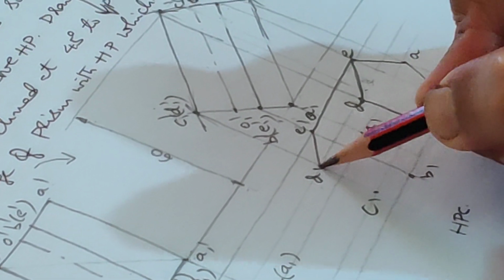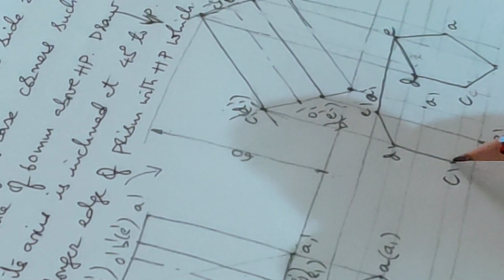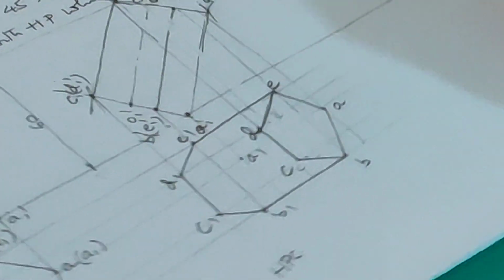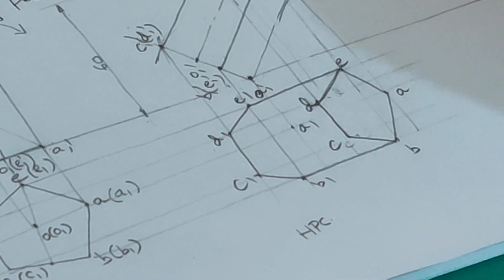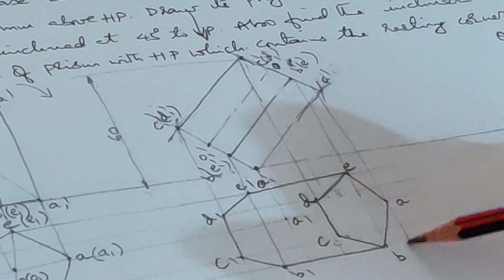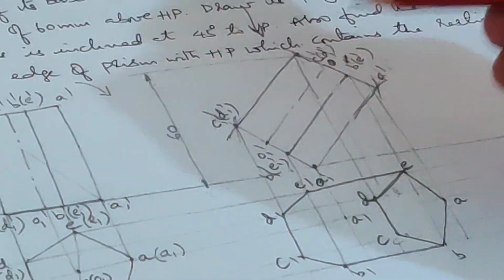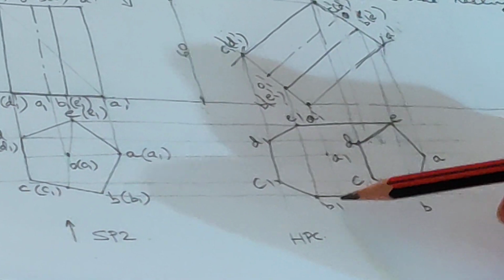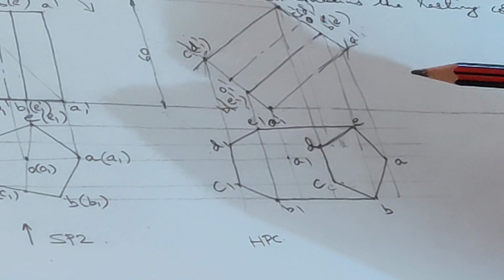We are following the second rule of visibility to draw the boundary as visible. I have satisfied the second rule of visibility. The first rule is the top face is visible, all the edges are visible. This is the top face nearer to observer. The second rule is to draw the boundary as visible, dark lines.